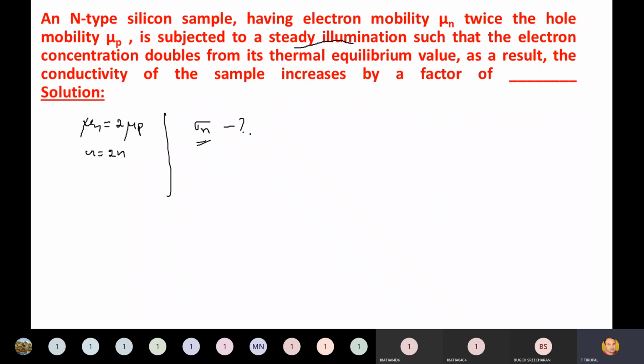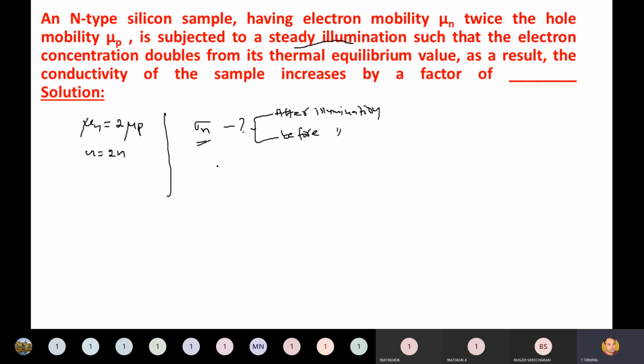So you need to consider before illumination and after illumination. Sigma n after illumination, and sigma n before illumination. Anyone?